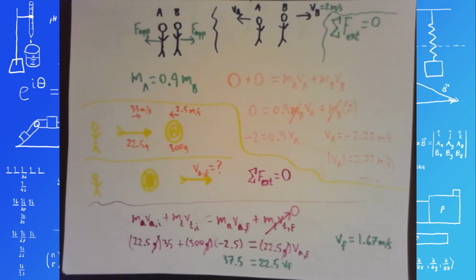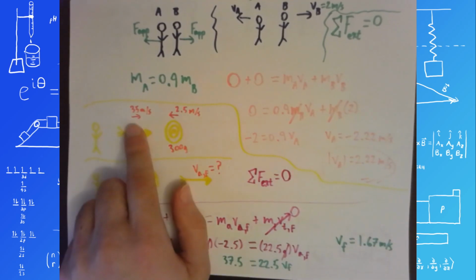Does it make sense? Well, it's still to the right, which is consistent with what we were told, that the arrow just pierces through the target. So it makes sense that it's positive and to the right. And it is smaller than it was initially, which also makes sense.